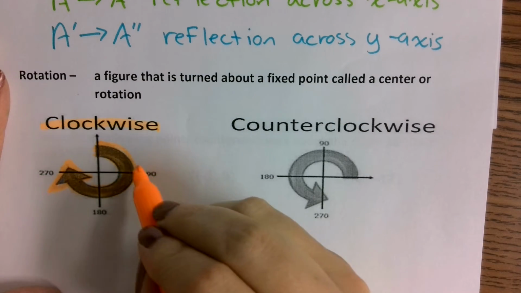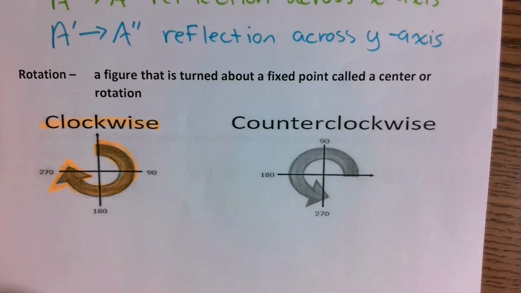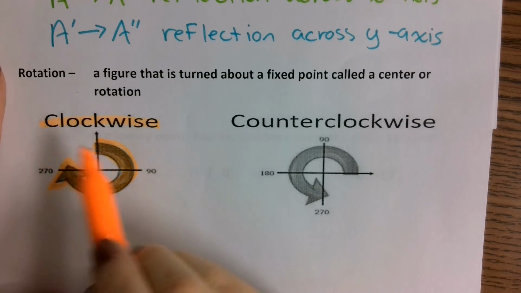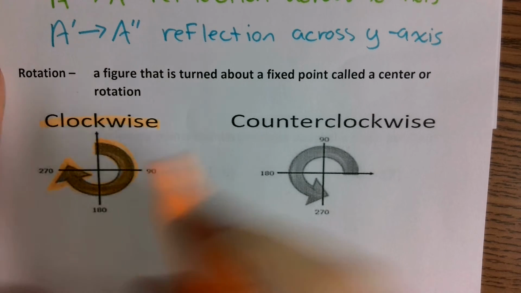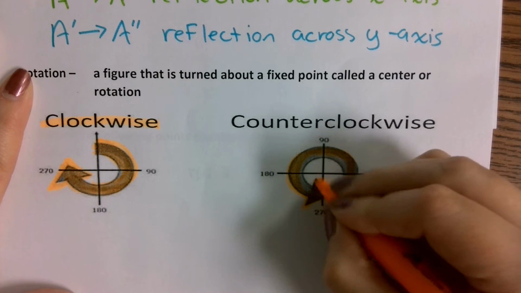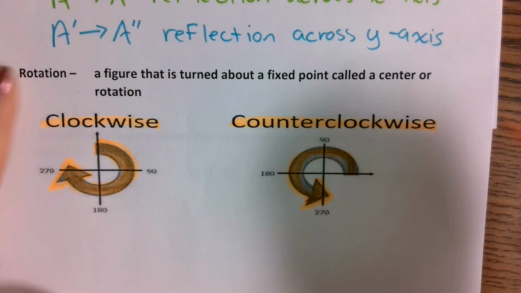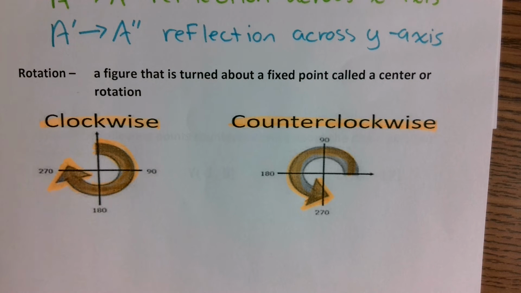There's not really a direction. You just have to remember when you're looking at the clock, the direction that the clock turns, that's clockwise, and then the opposite turning is going to be counterclockwise. So make sure you understand what direction follows clockwise and what direction follows counterclockwise when it comes to graphing.